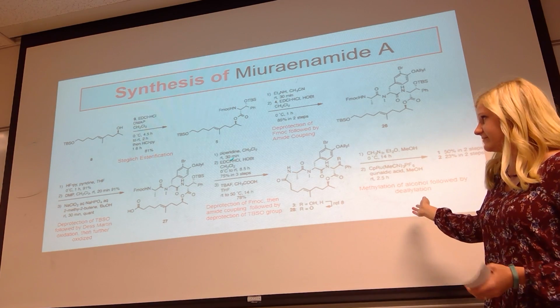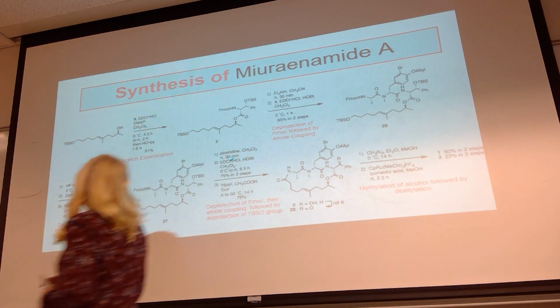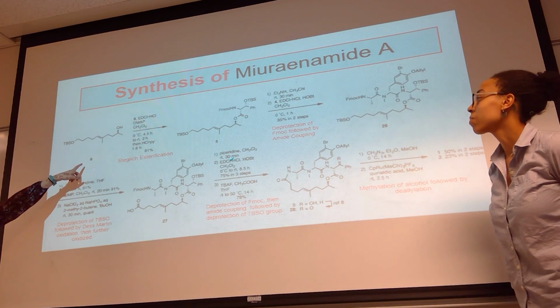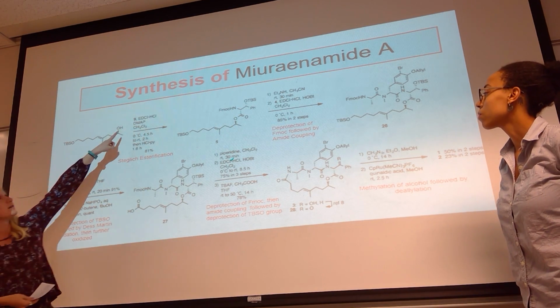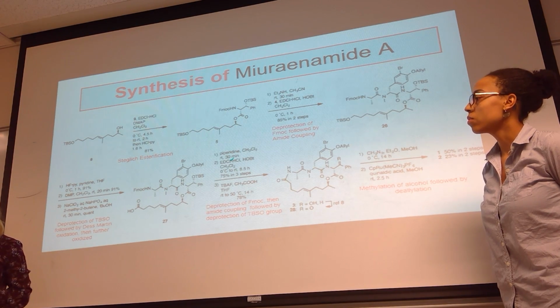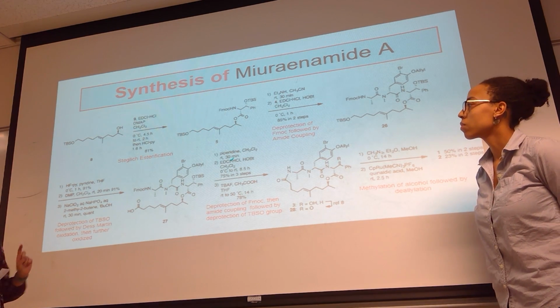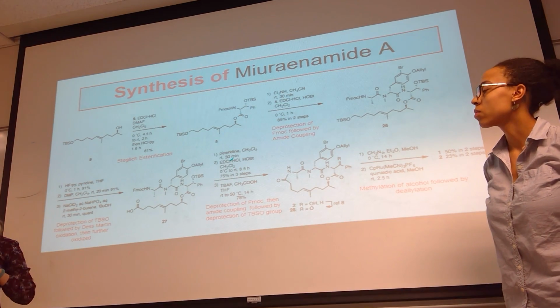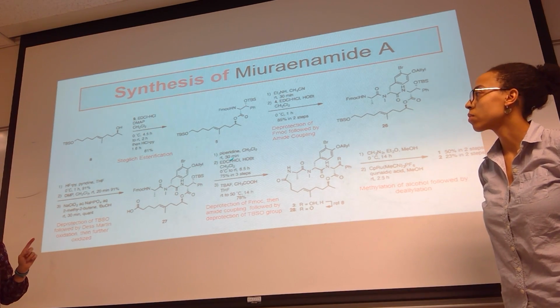So this is our total synthesis. Our first step is taking alcohol 8 with phenylserine 9, and I told you it's a variation of Steglich esterification. In class we've been seeing a lot of DCC with DMAP, and this one is EDCl, HCl with DMAP.